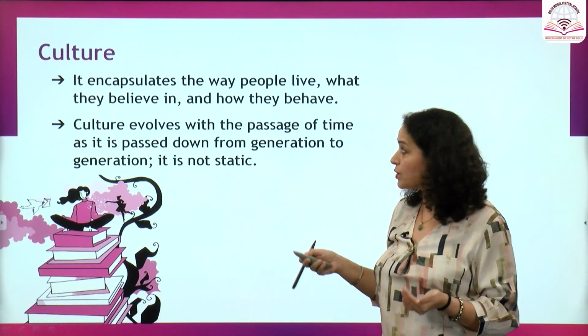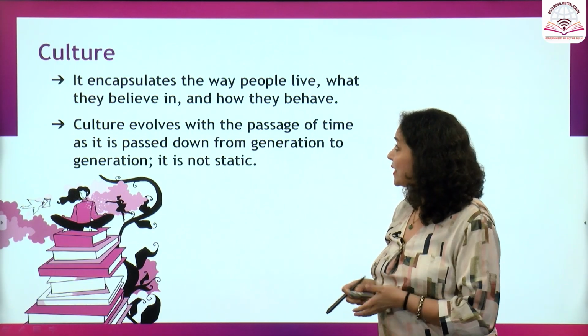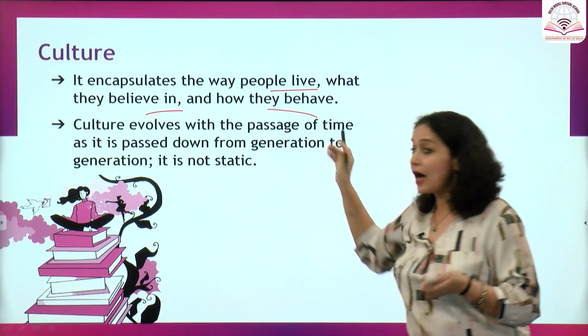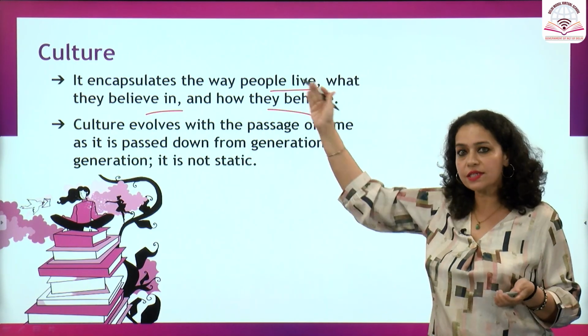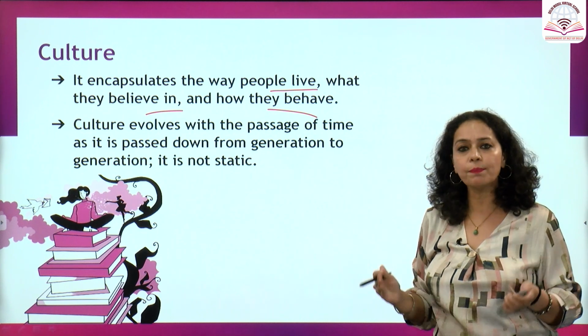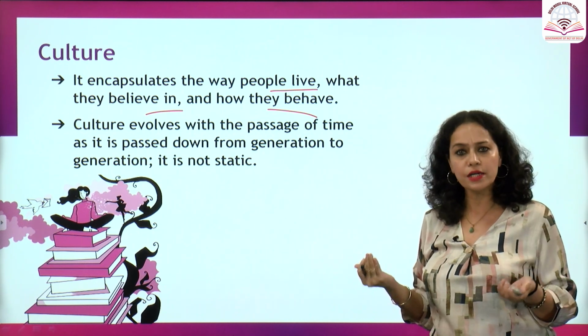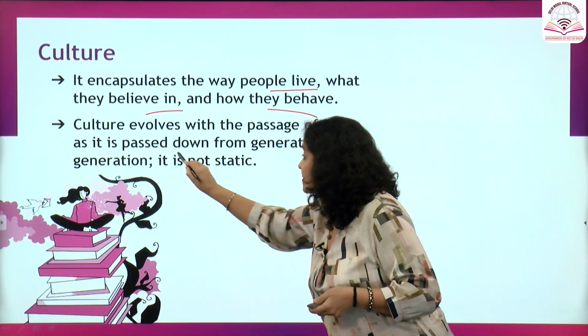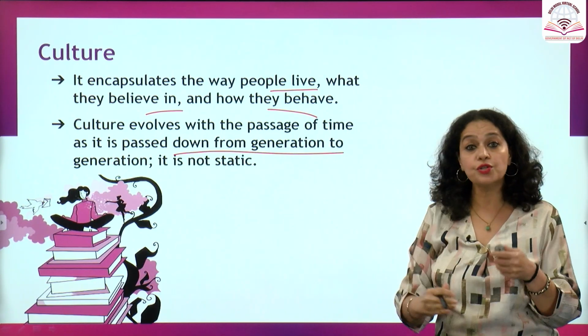And if we talk about it in detail, it encapsulates the way people live, what they believe in and how they behave. So this is what we call the culture of a particular community or a particular state or a nation. Culture evolves with the passage of time as it is passed down from generation to generation.